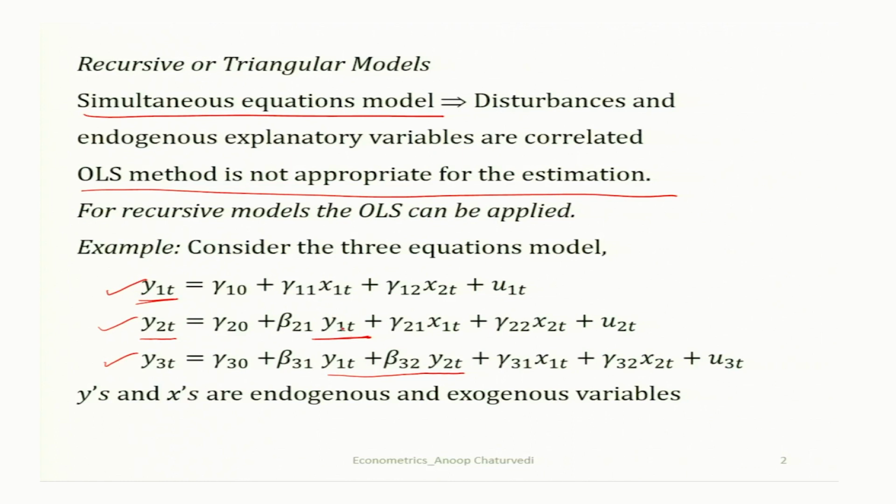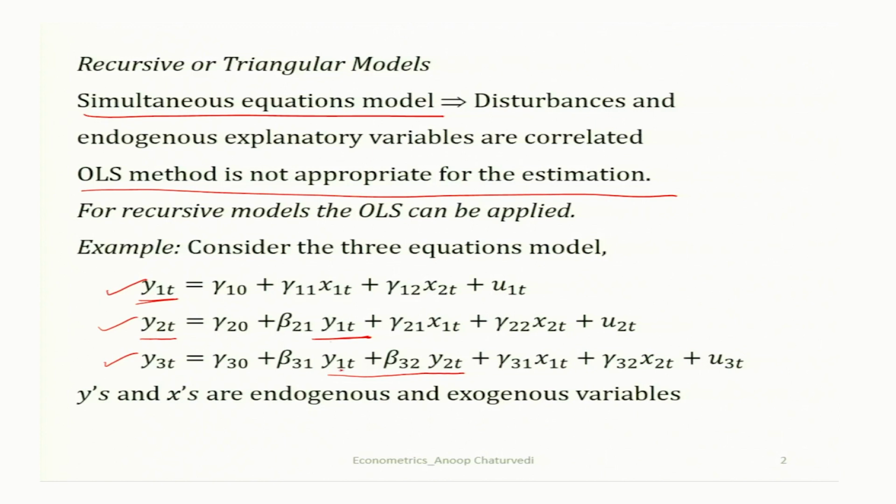In the second equation, if you take this beta 21 y 1 t towards the left hand side, then you get minus beta 21 y 1 t plus y 2 t. So, the coefficient of y 1 t is minus beta 21 and coefficient of y 2 t is 1, coefficient of y 3 t is 0.